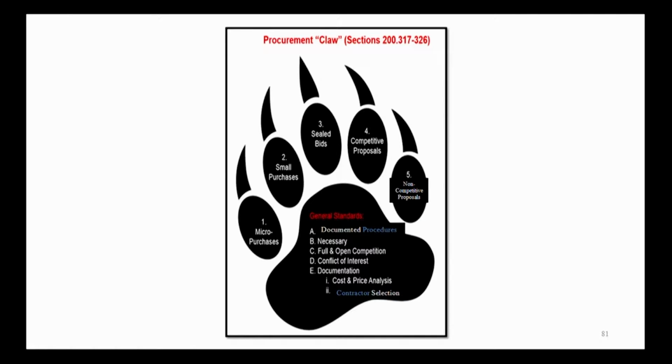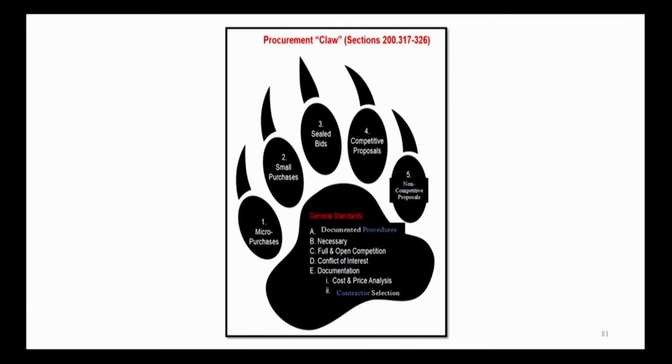We have 5 different competitive procurement processes: micro purchases, small purchases, sealed bids, competitive proposals, and non-competitive proposals. So one of your tasks in the procurement process is deciding which is the most appropriate procedure to use for your procurement. And then we have the general standards.